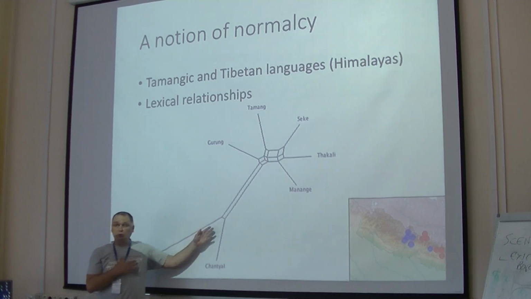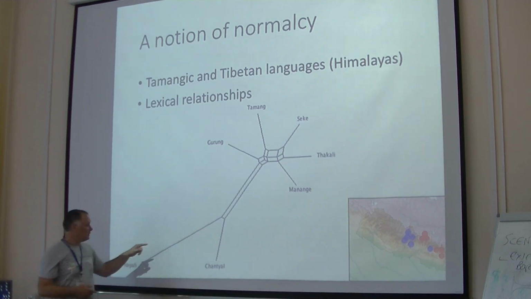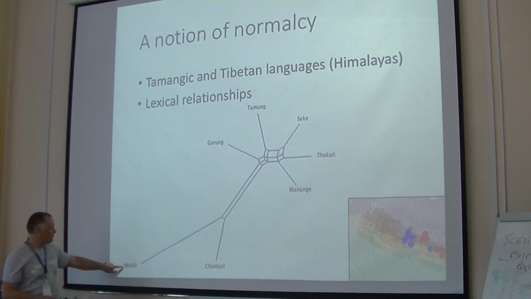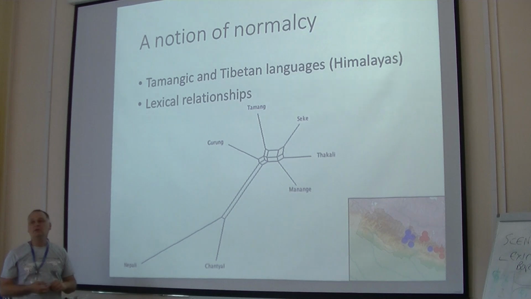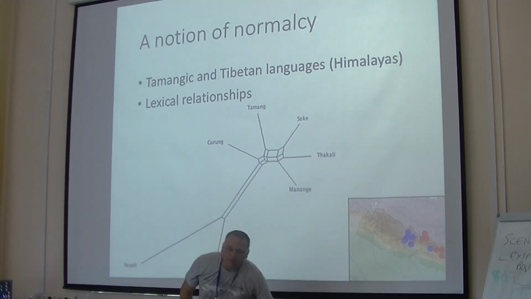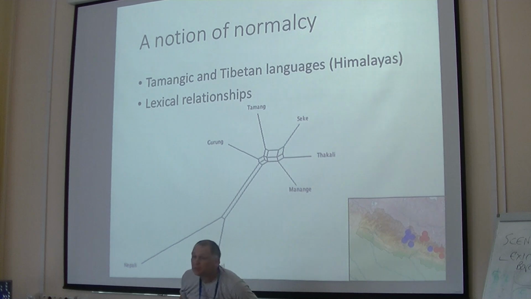At this point we don't have a contact event, but luckily we still have access to this data, and now we can say, all right, we have an Indo-Aryan contact event on these Tibeto-Burman languages. So the idea of what's a normal path of development is something we can objectively assess. The idea of how much change is too much isn't just guessing. We can make some sense of it.